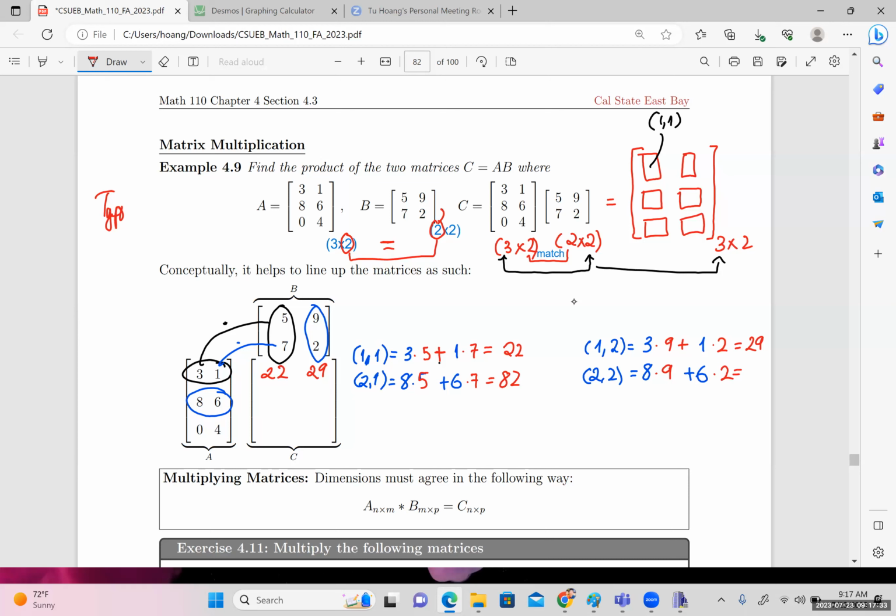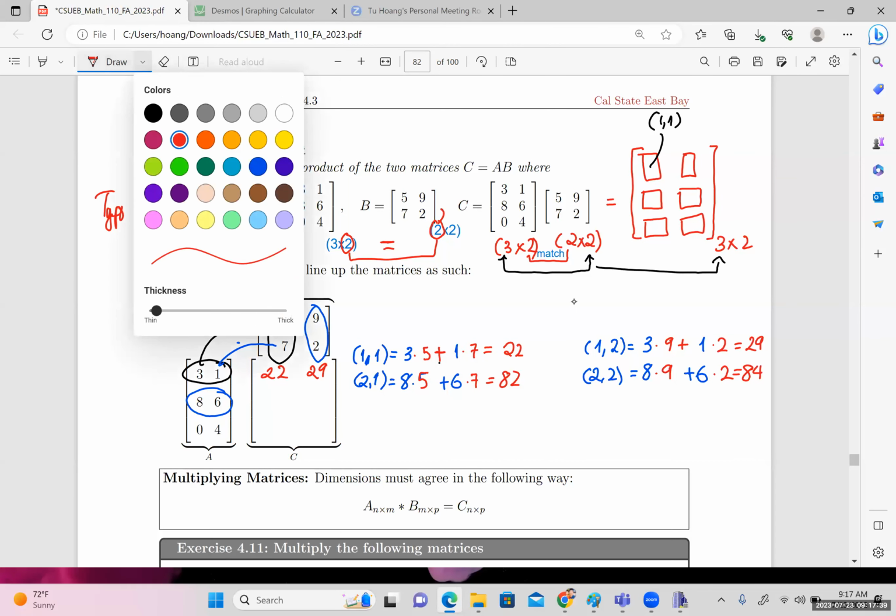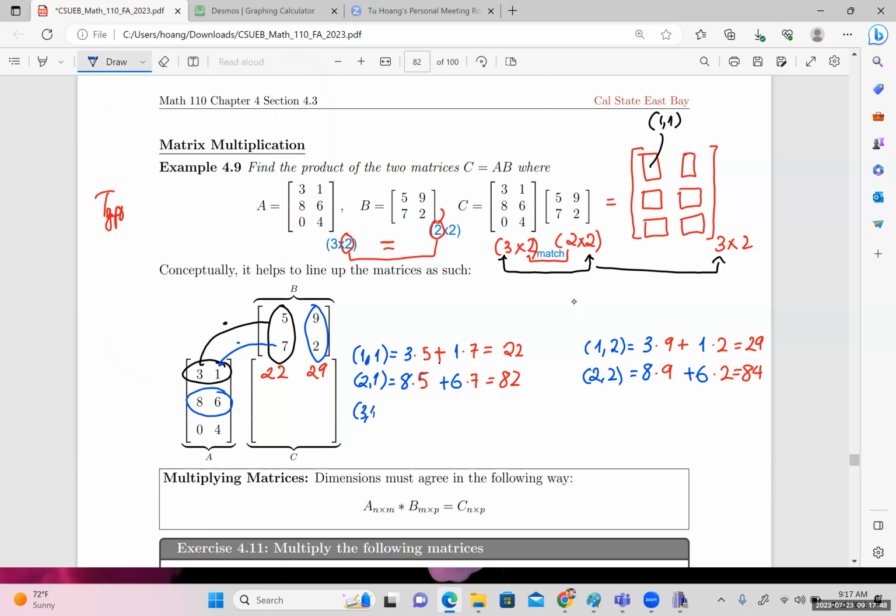So this gives you 84. Keep doing the same thing, now using row 3 in matrix A.